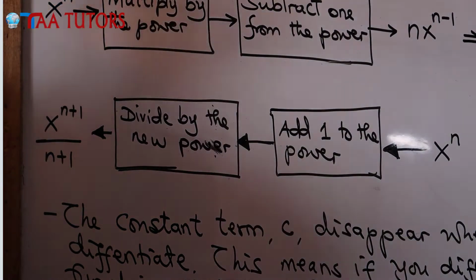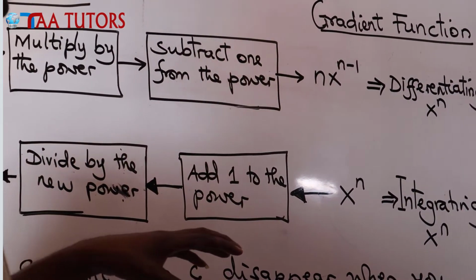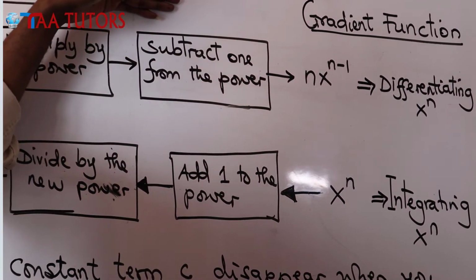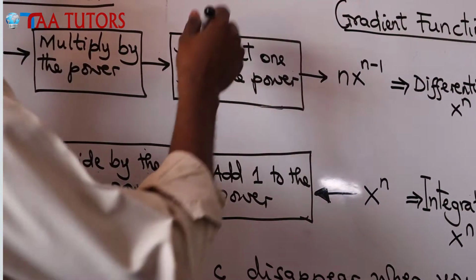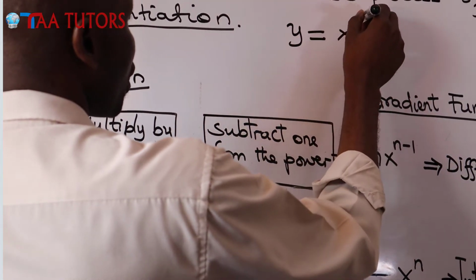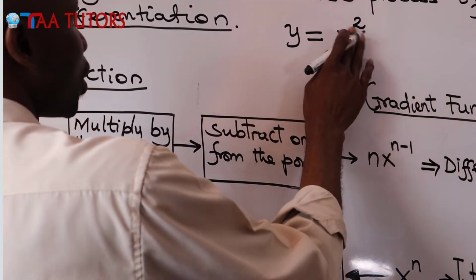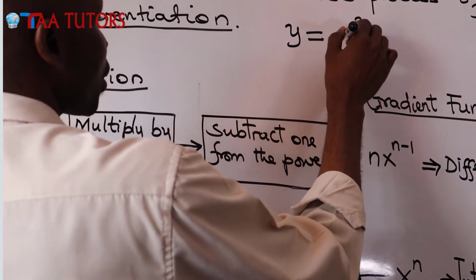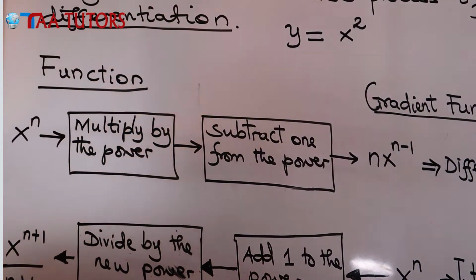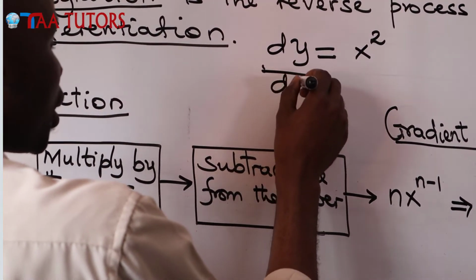Now you realize that when you are doing this, you are doing the opposite of what we have done up here. So initially, assuming you have y equals x power 2, this is dy dx.